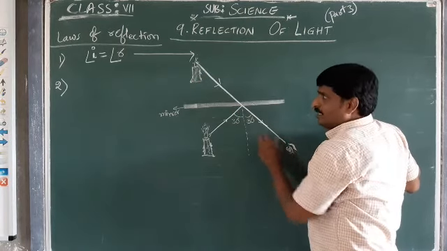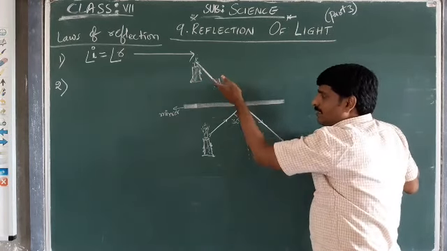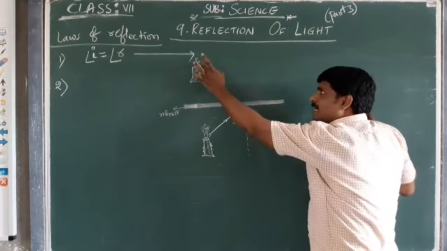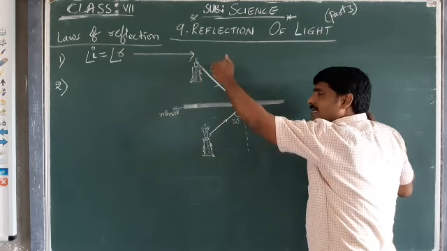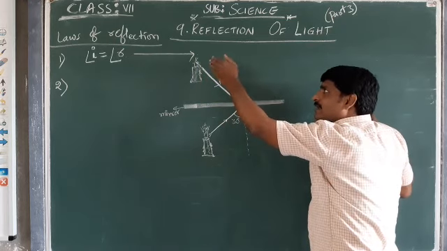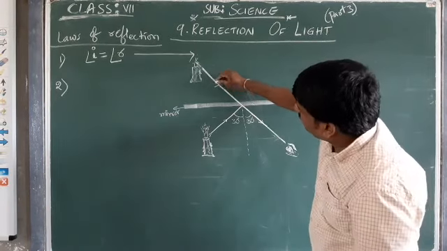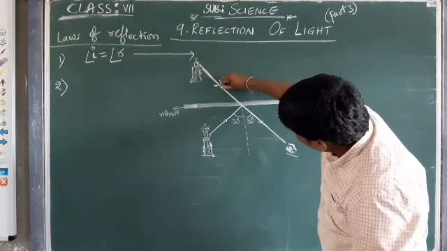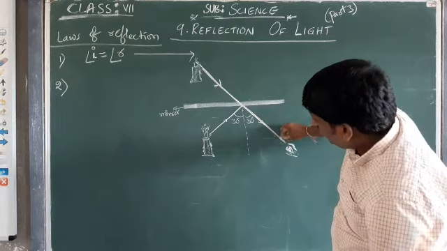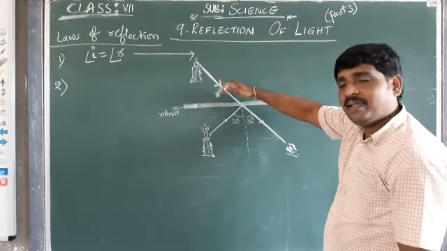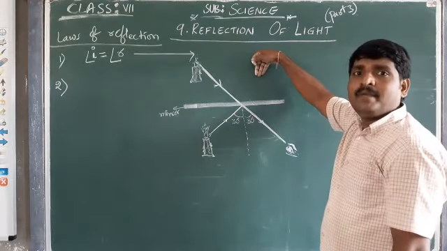The rays look like they are coming from the candle present as the image inside the mirror, and our eye feels that the ray reaching it is directly from a candle which is kept beyond the mirror.